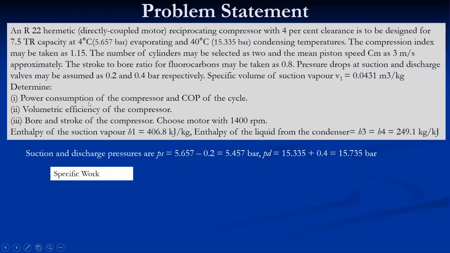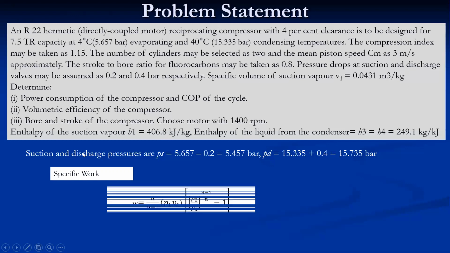Now first of all, we'll calculate the specific work as per the thermodynamic equation. Specific work of polytropic compression process is n upon n minus 1, P1 V1 into [(P2 by P1) raised to (n minus 1)/n minus 1]. So we have the value of compression index, that is 1.15.